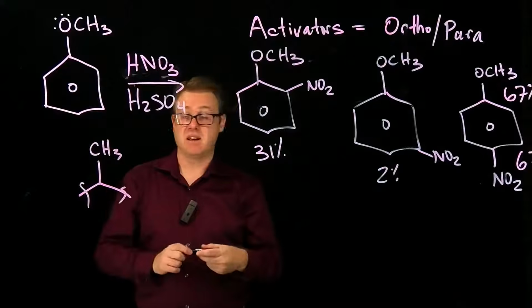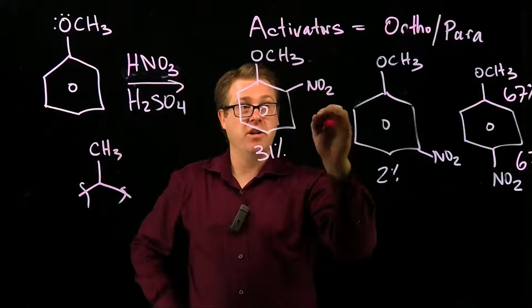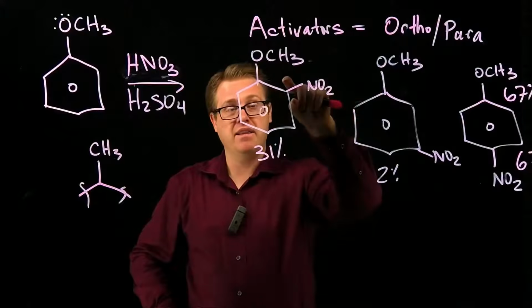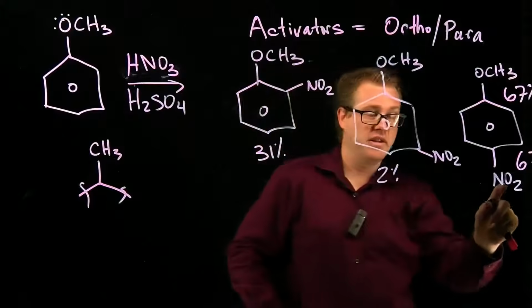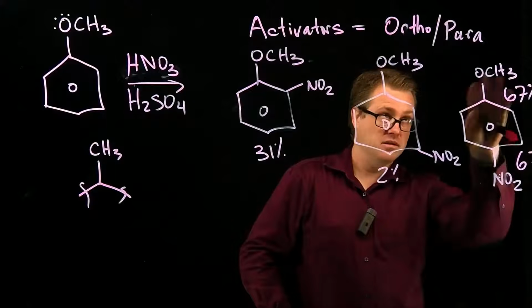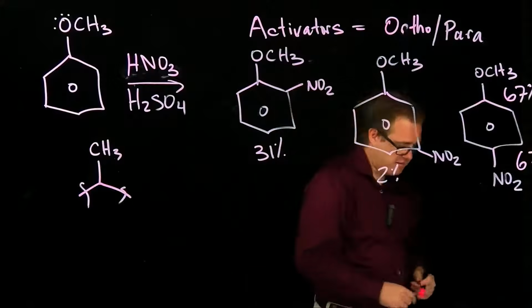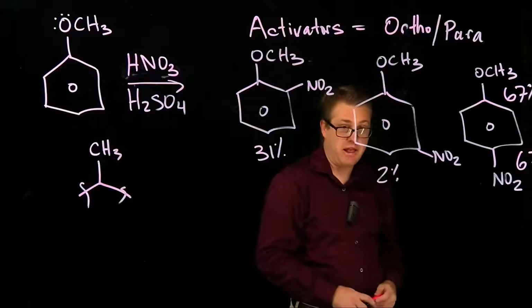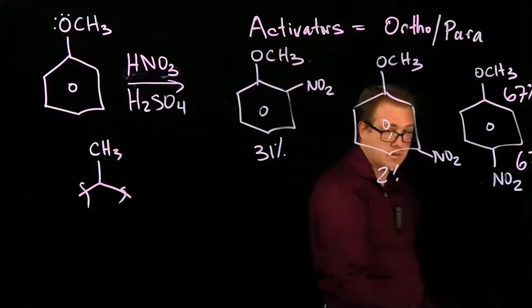So it's a simple steric argument that the nitronium ion has a harder time coming in at the ortho position due to sterics. You can see that if the nitro group goes to the para position, stays away from the sterics, it's just better that way and you get a higher yield. Okay.